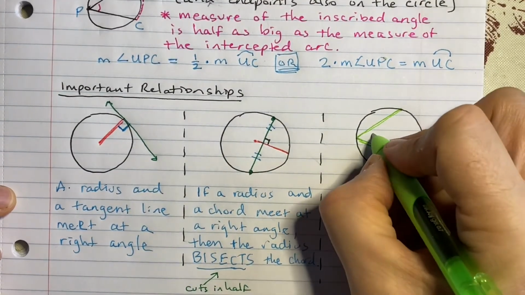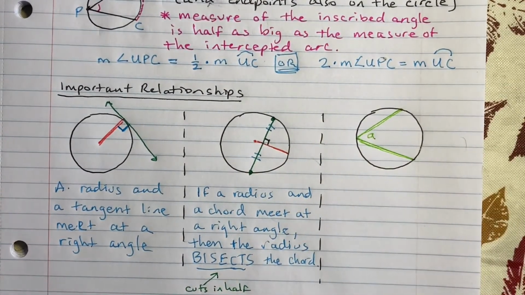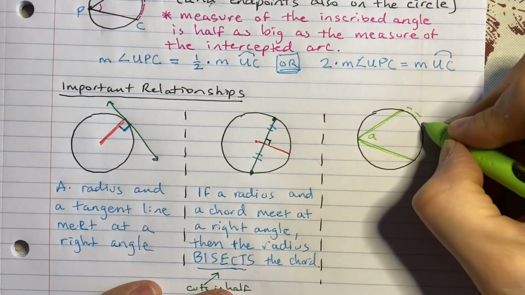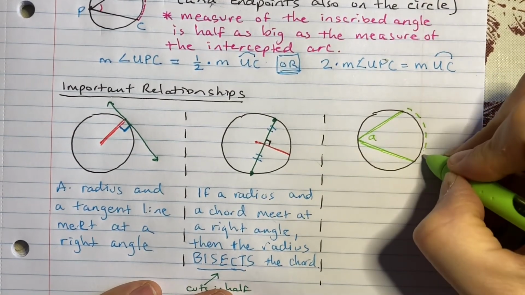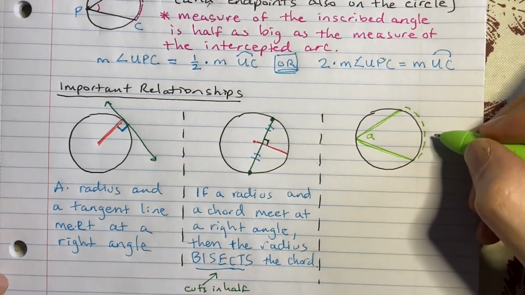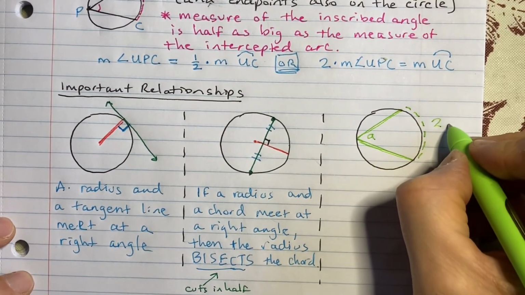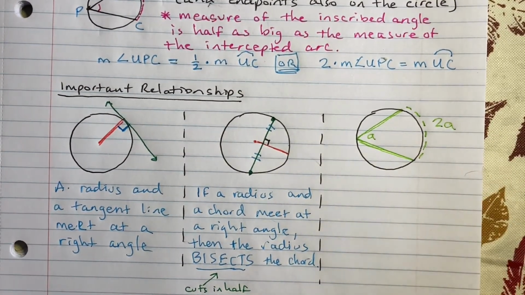I'm going to say the measure of that inscribed angle is A. Now, one thing that I know for sure is that on the outside edge of this circle, and I'm using these dotted marks here to mark off the outside edge, the measure of that arc is going to be 2A, twice as big.